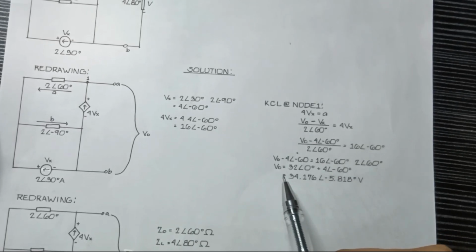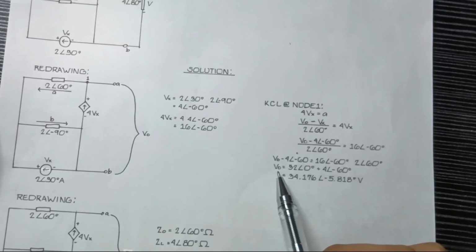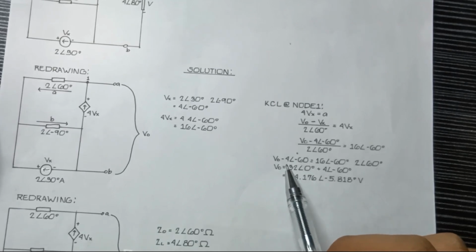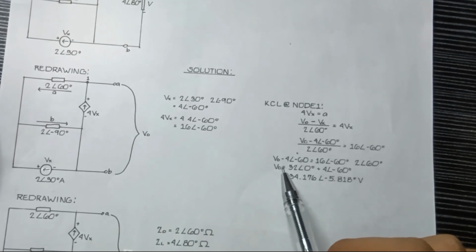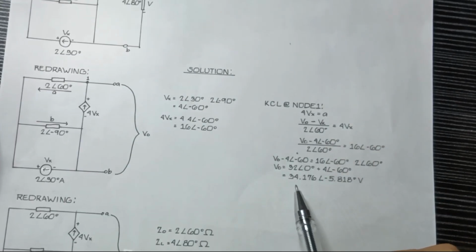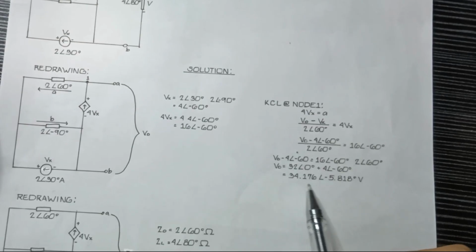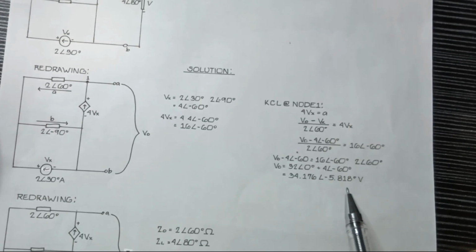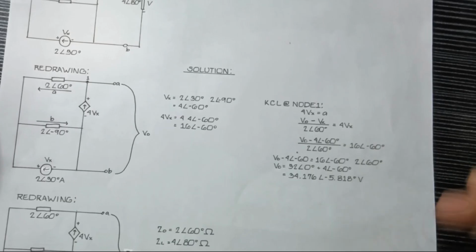We could now obtain the value for our Vo, with 4∠-60° to be placed to the other side. Now we can obtain its value as 34.176∠-5.818° volts.